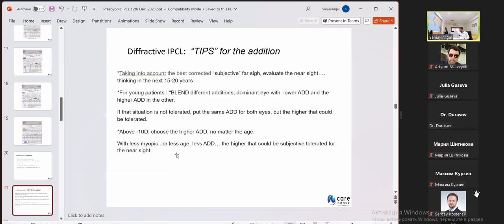And in young patients, I will advise to put slightly overcorrection in one eye to provide good quality of near vision till the cataract sets in.